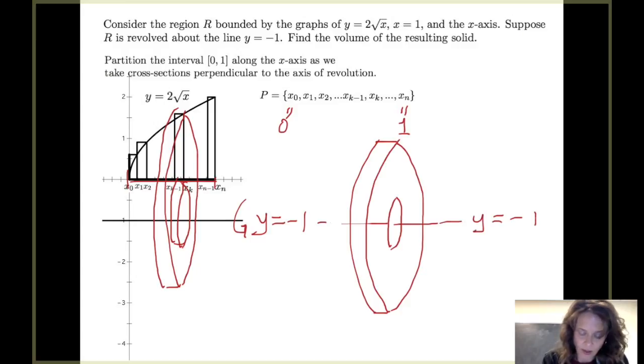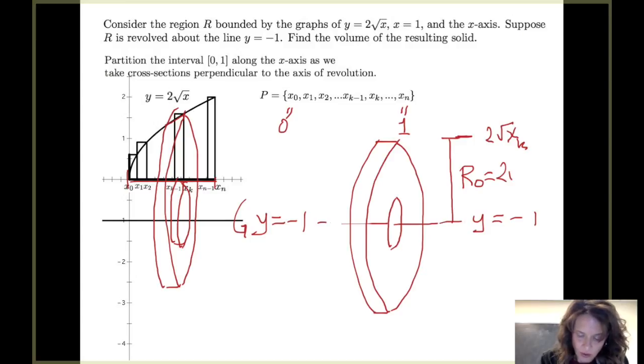And I want to consider the outer radius and the inner radius. Well, the outer radius is based on where the function is evaluated at the endpoint x sub k. So this top point is 2 times the square root of x sub k. I want the distance from 2 times the square root of x sub k down to -1. So therefore my outer radius is going to be the greater minus the lesser.